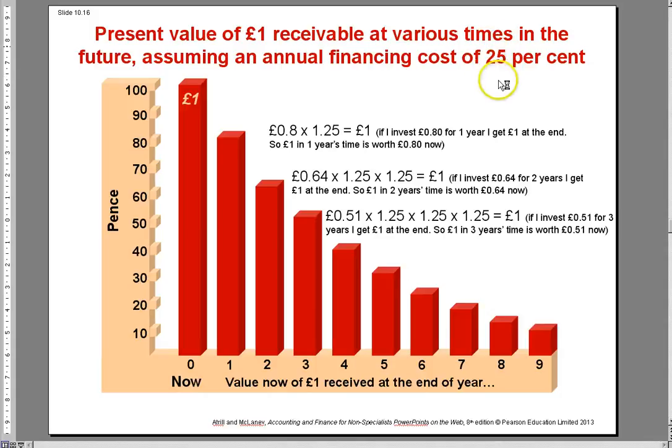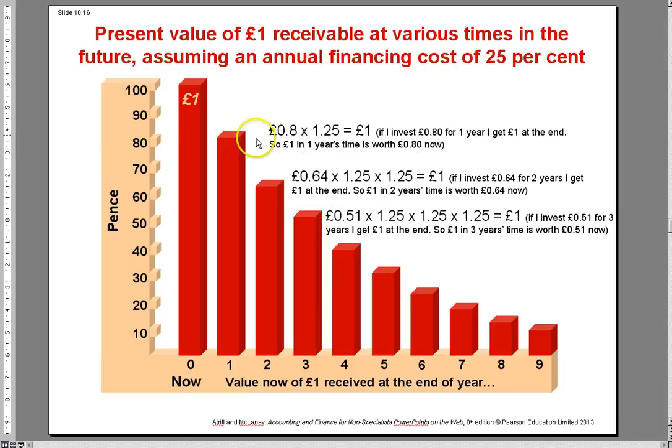It's our cost of time and risk, so it's the earning power that we want from our investment, and it's 25% per year. So every year we want the project to earn 25%, which is a very high figure, but we're doing it really for illustrative purposes.